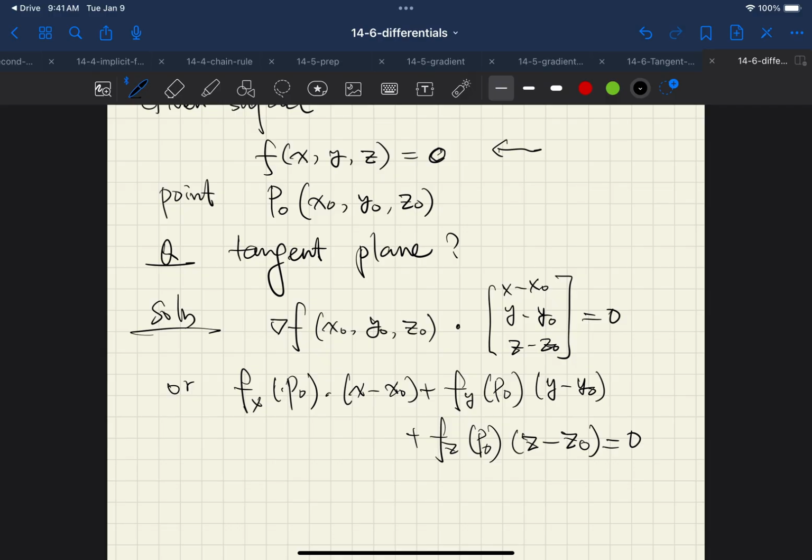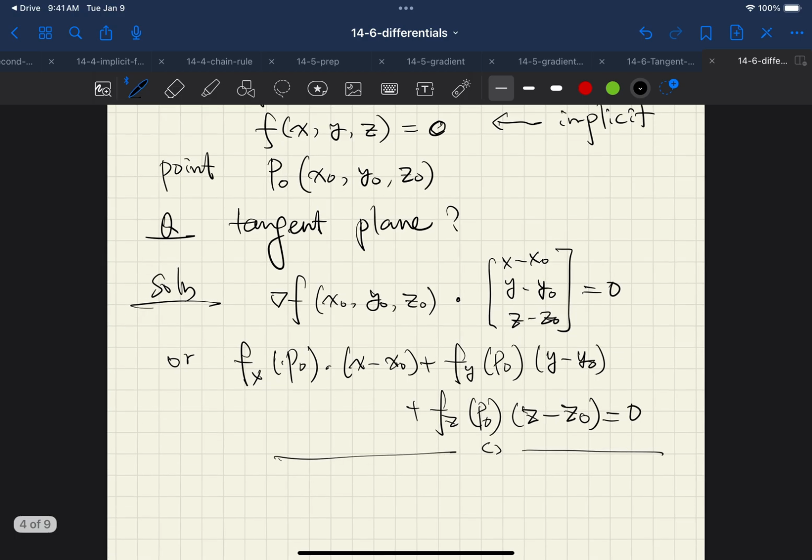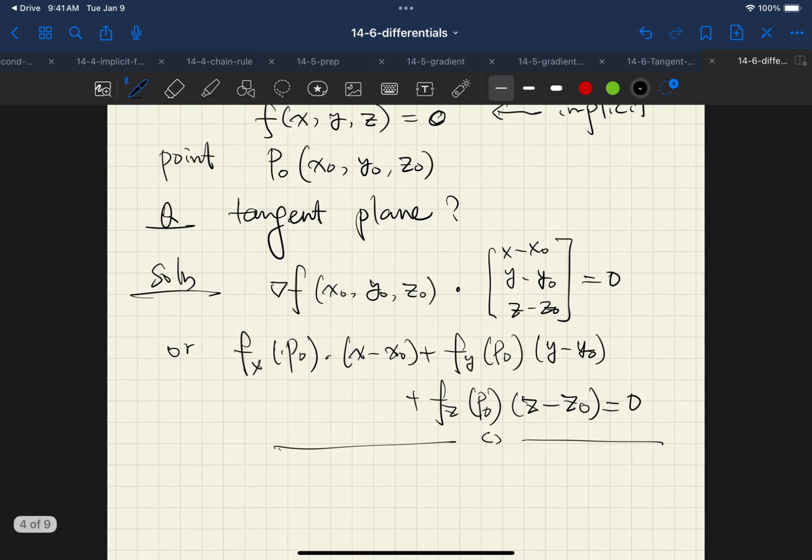Now if I give an implicit, so this is implicit. Now if I give an explicit surface, then what is the tangent plane? Actually, this explicit function is one of the special cases of the implicit function.